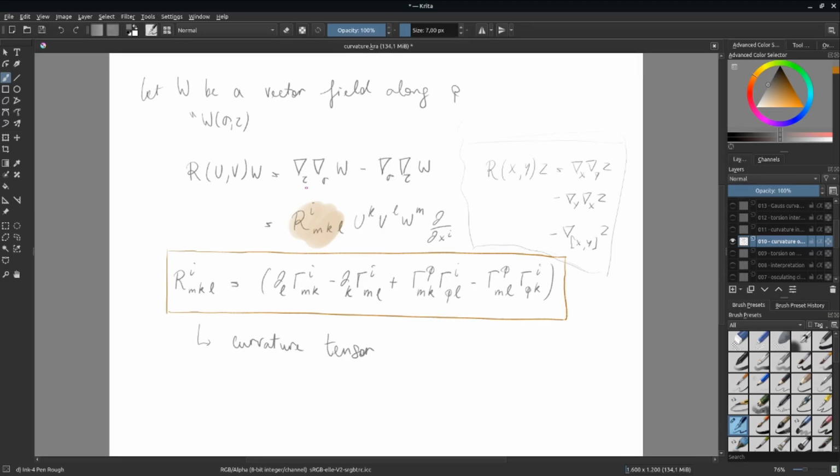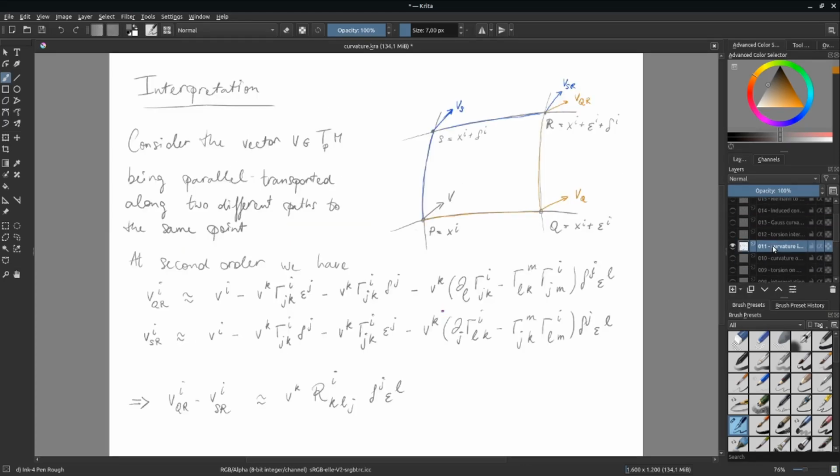The important part is that we can also express this in a coordinate system. It turns out to be a bit more nasty expression because we have partial derivatives of the connection coefficients and then combinations of them. So a bit nasty, let's not worry too much about it. I'll have an example just now.